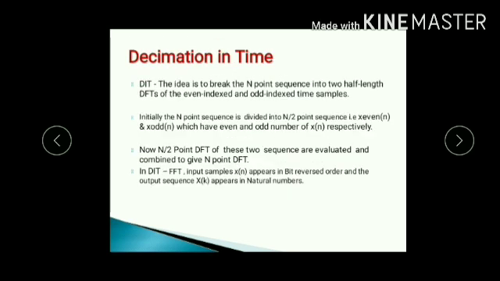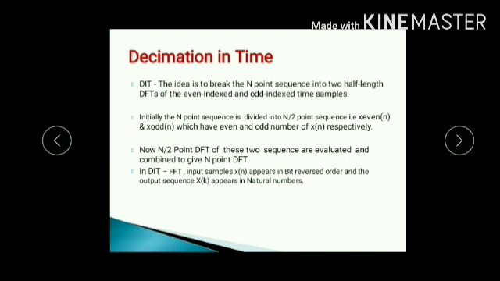DIT, that is decimation in time. The idea is to break the N-point sequence into two half-length DFTs of the even index and the odd index time samples. You'll be having one N-point sequence. You're going to divide that N-point sequence into two halves. One will be of even index and the other would be of odd index samples.